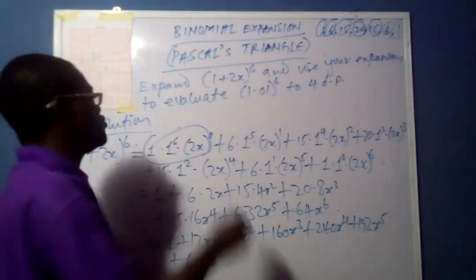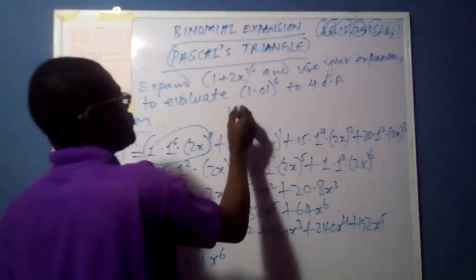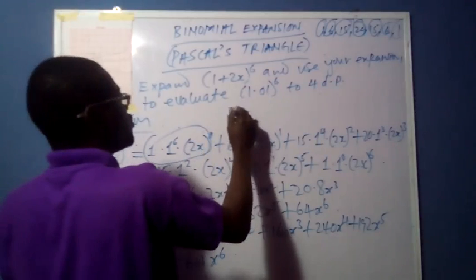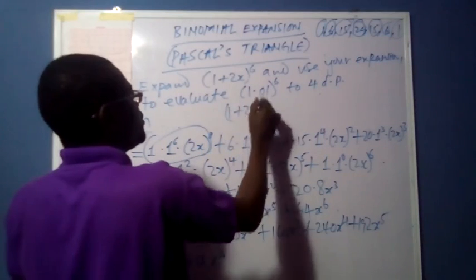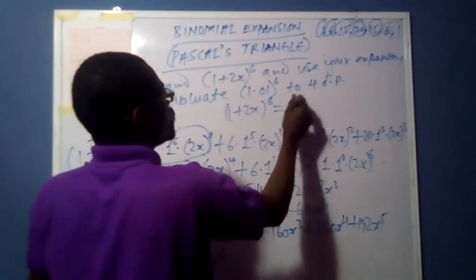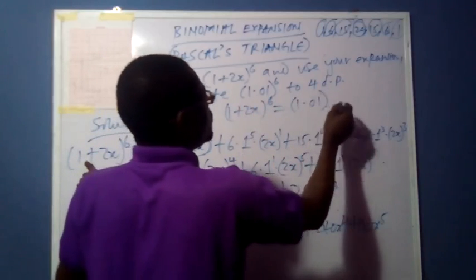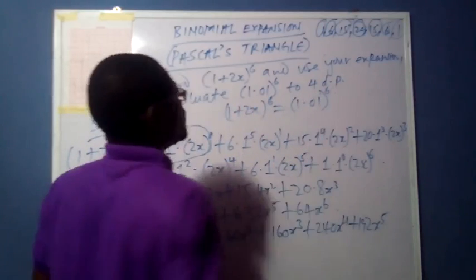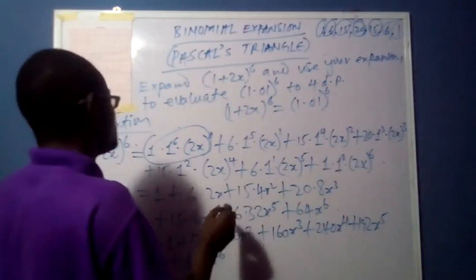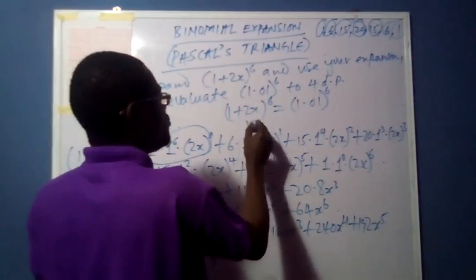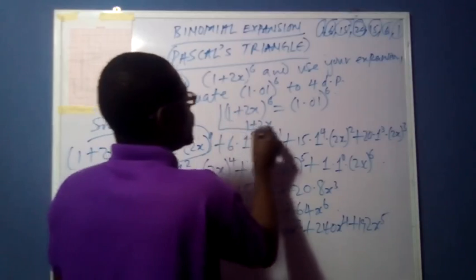All we need to do is to equate this 1 plus 2x raised to power 6 to 1.01 raised to power 6.